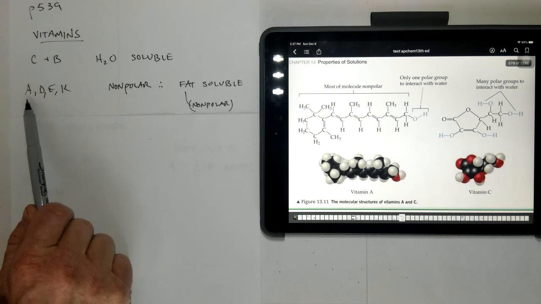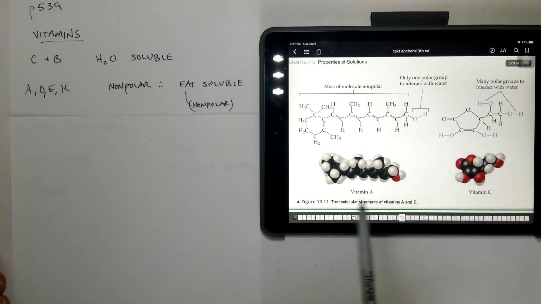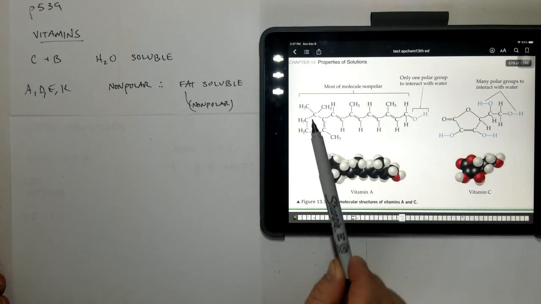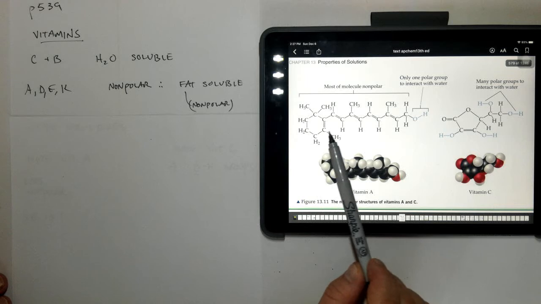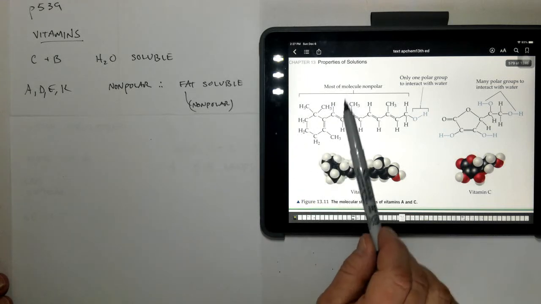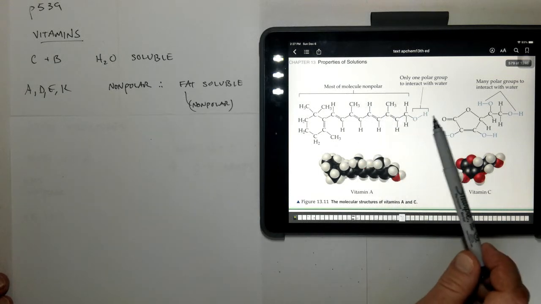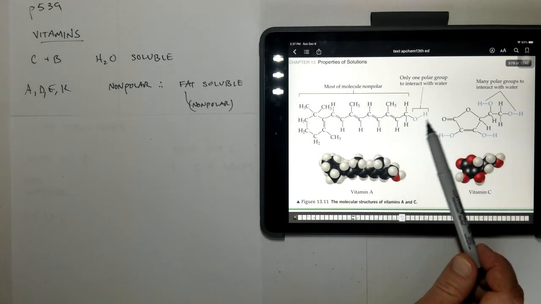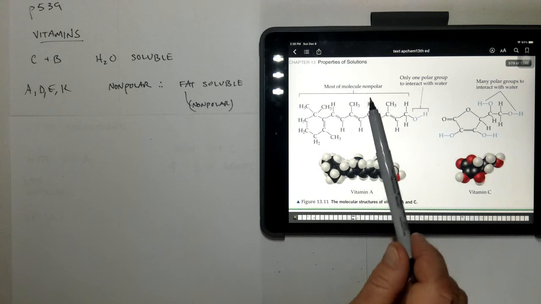Whereas vitamins A, D, E, and K are mostly nonpolar. And so here's vitamin A, and you can see vitamin A has mostly a molecule that's nonpolar. Lots of C's and H's. Slice it, it's totally symmetrical. But then it's got this one spot right here that could end up interacting with water, but only one versus a big, huge molecule right here that's mostly nonpolar.